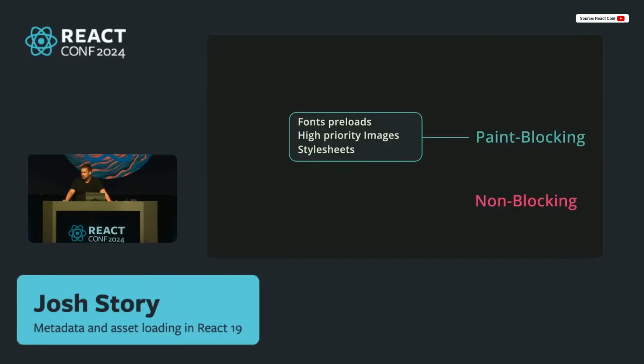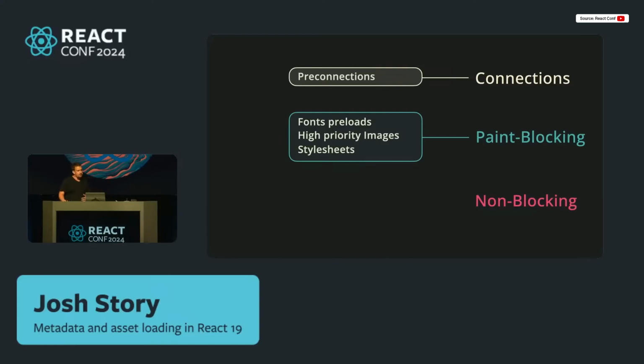So React will ensure that fonts, high-priority images, and style sheets are all loaded early. But we also want to make sure that we're taking advantage of any early connections. So React ensures those actually come first, and it ensures scripts and other preloads arrive last.